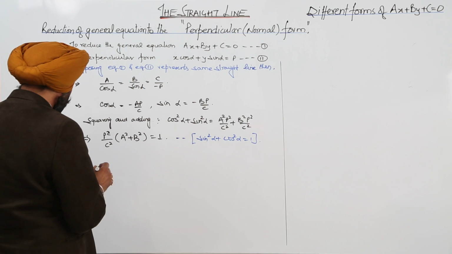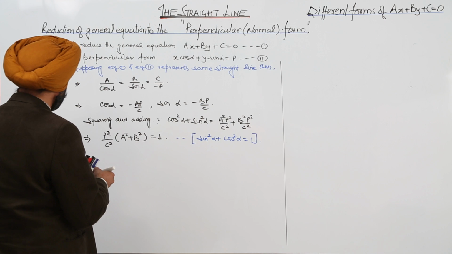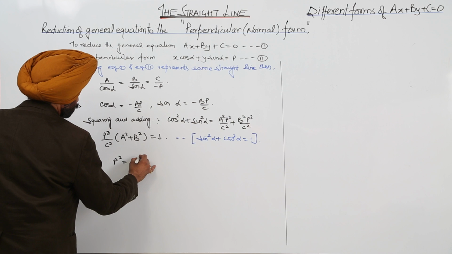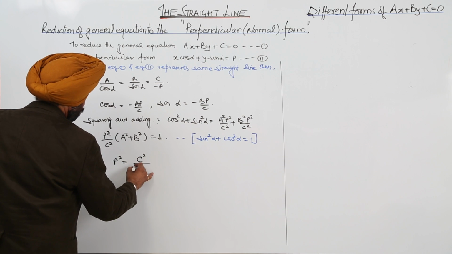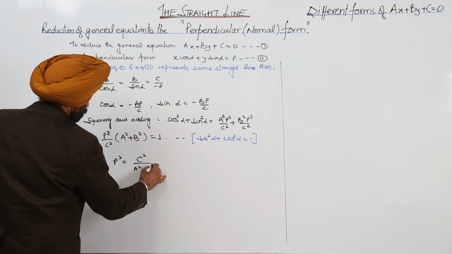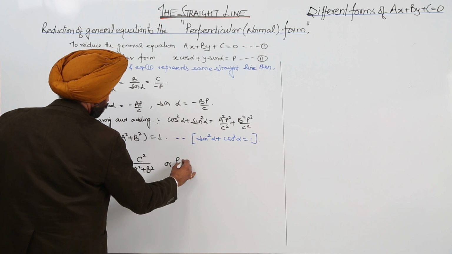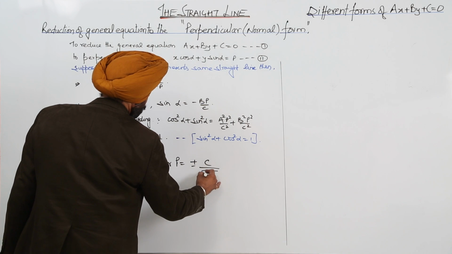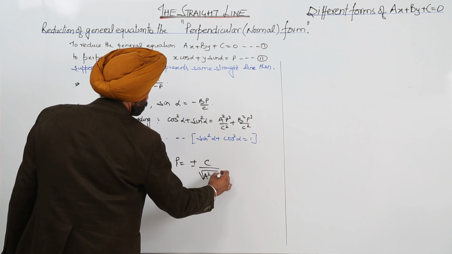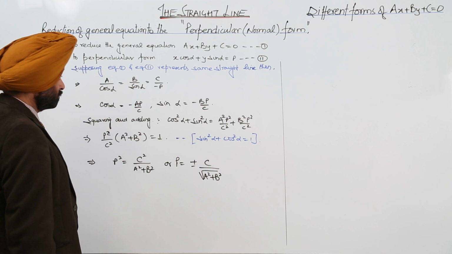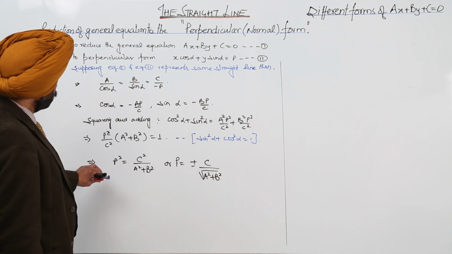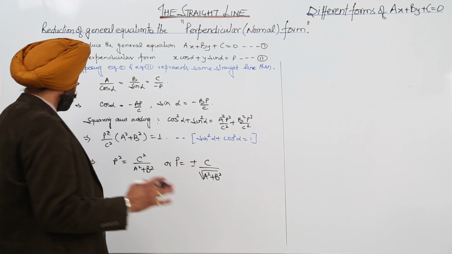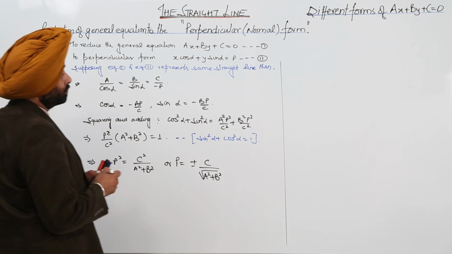Now here p square is equal to c square upon a square plus b square, or p is equal to plus minus c upon square root of a square plus b square. Up to here we got the value for p. Now two cases arise.